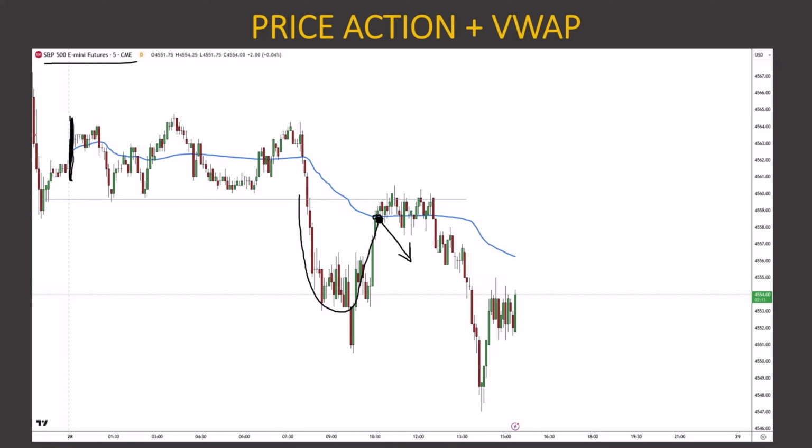So notice how the price was reacting here in the past. This means that this zone in the past worked as a support until this point where the support got breached and the support became a resistance.